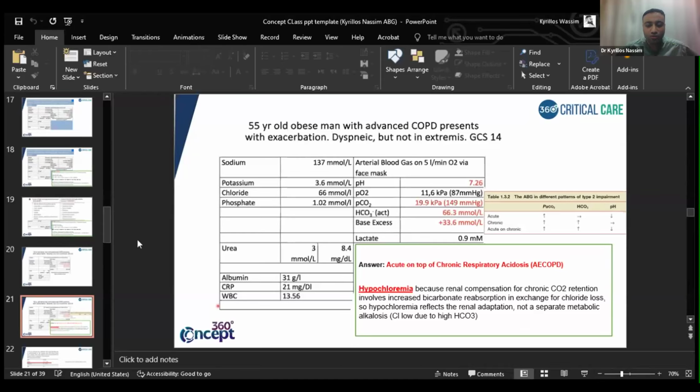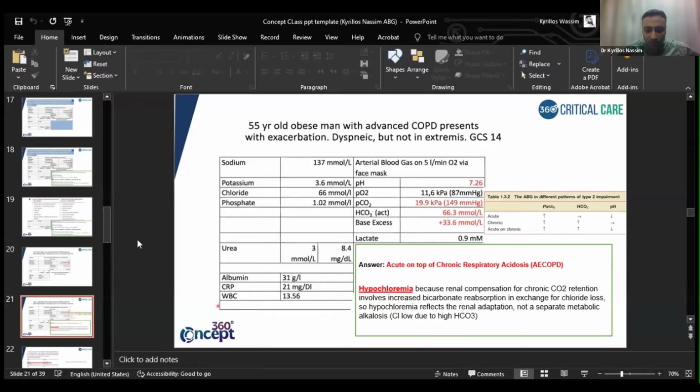And the hypochloremia is because the renal compensation of chronic CO2 retention in the COPD patient involves increased bicarbonate reabsorption in exchange for chloride loss. So on the opposite side of the chloride loss, there is a reabsorption of bicarbonate.